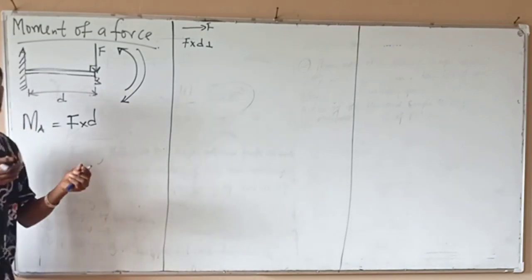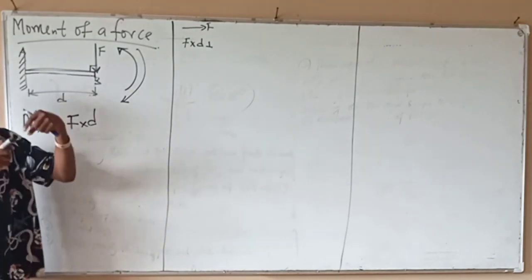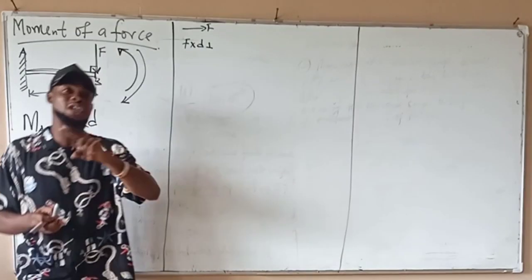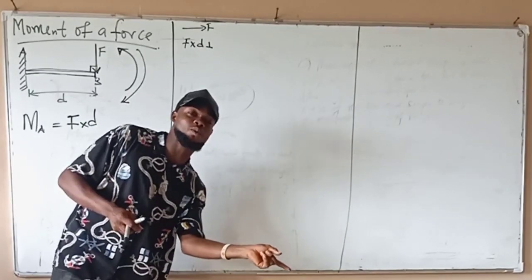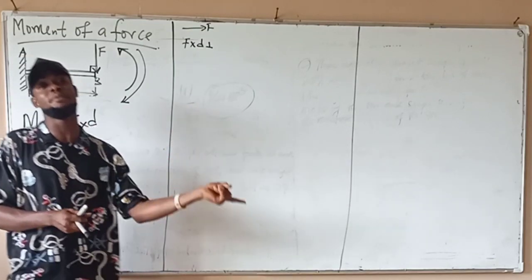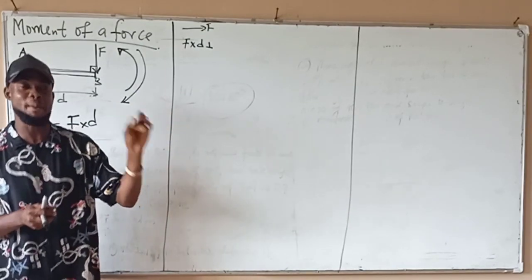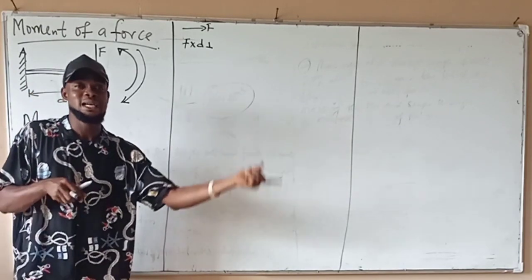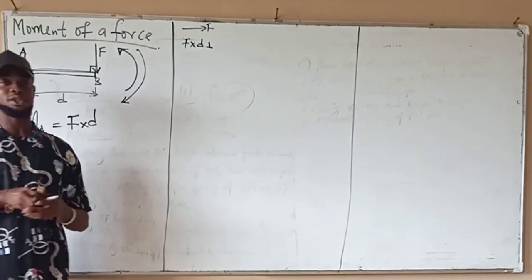That means the sum of the moments of the forces about any point that rotate the beam clockwise must equal the sum of the moments of the forces about that point that rotate the beam anti-clockwise.